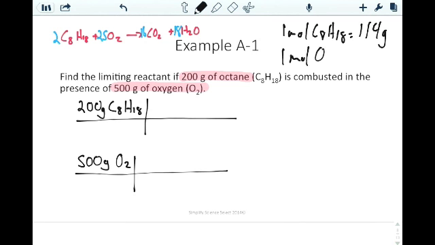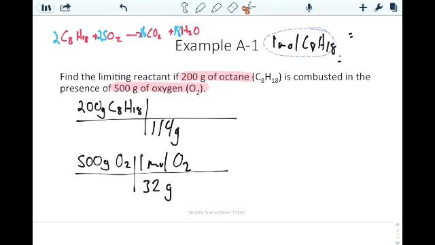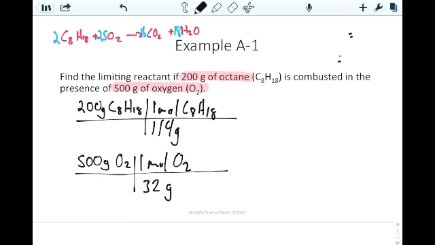And then for oxygen, 1 mole of O2 is 32 grams. We kind of have those, water and oxygen, memorized. We use them a lot. So let's go ahead and convert both of these guys into moles by dividing by our molar mass, our gram formula mass. Now we have it in moles. Now we want to see what is used up, what we need from the reaction, to see what's limiting.